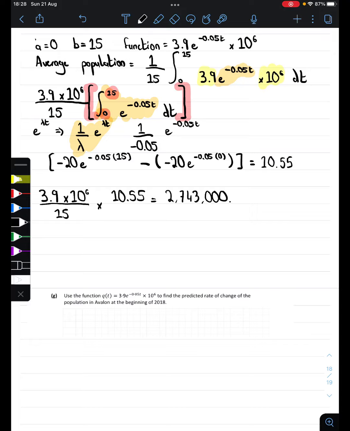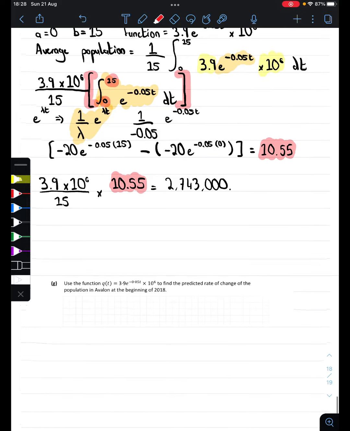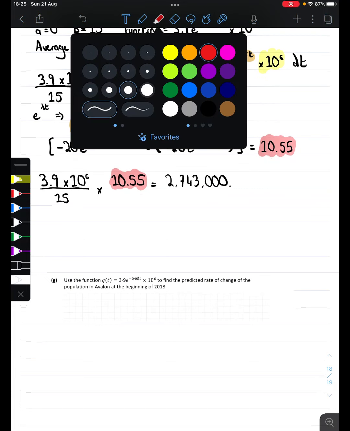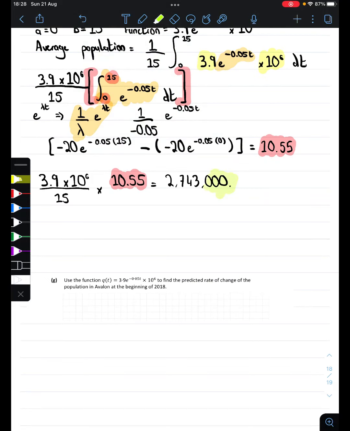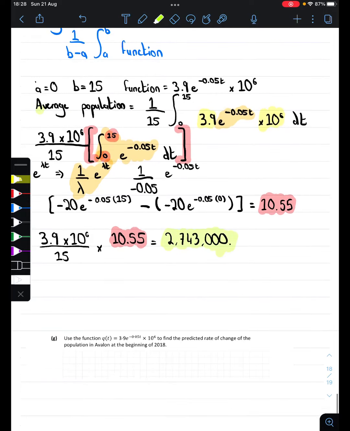Now, how exact this will be will depend on how many decimal places you included here for the 10.55, but as long as it's in this ballpark, it should be fine. So the average population over these 15 years is about 2.743 million.